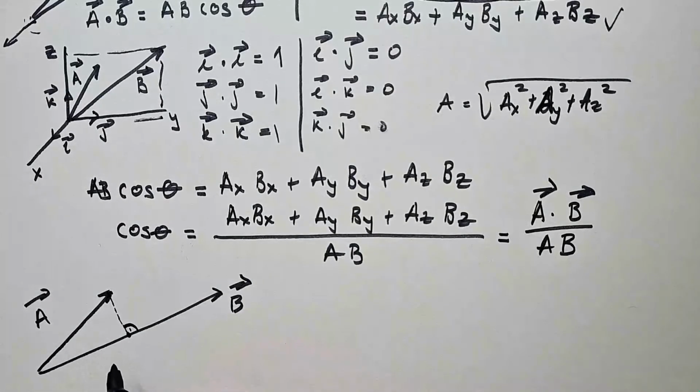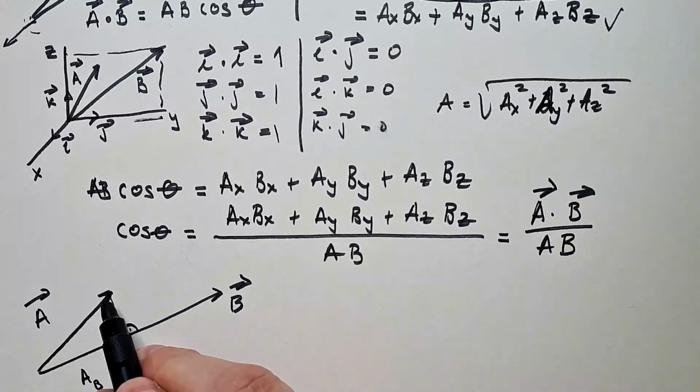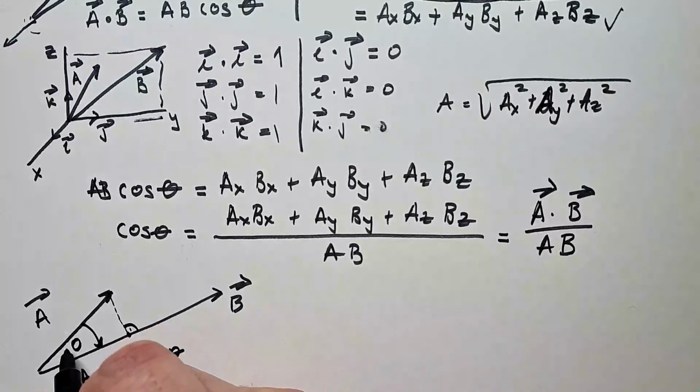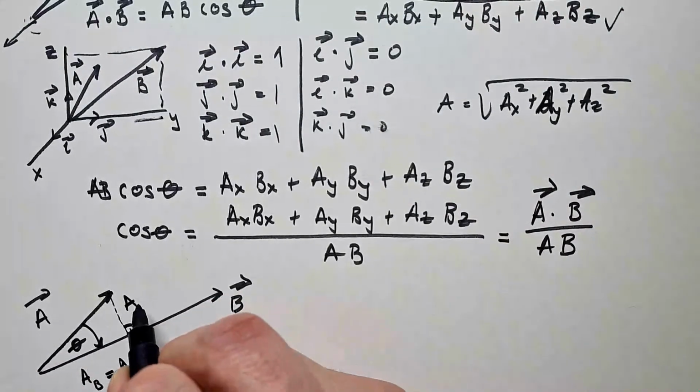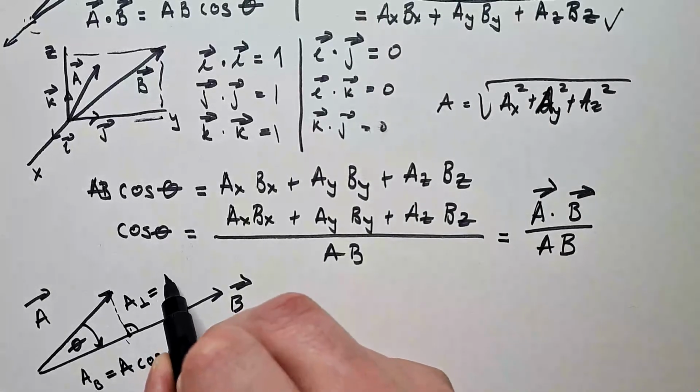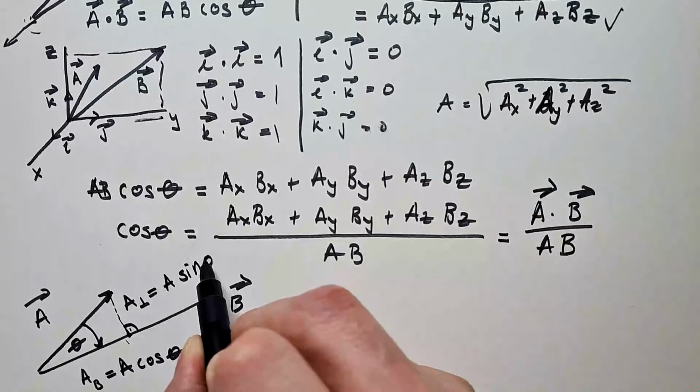Then we say that this over here is A subscript B, which means that it is the projection of vector A on vector B, and that would be A cosine angle theta. This would be A normal, because it is the component of vector A normal to the vector B, and that would be, of course, A sine theta.